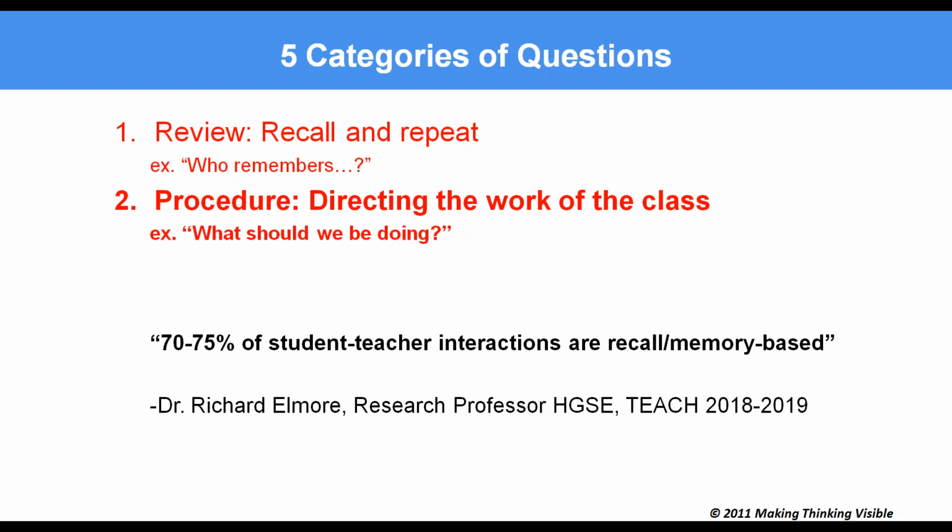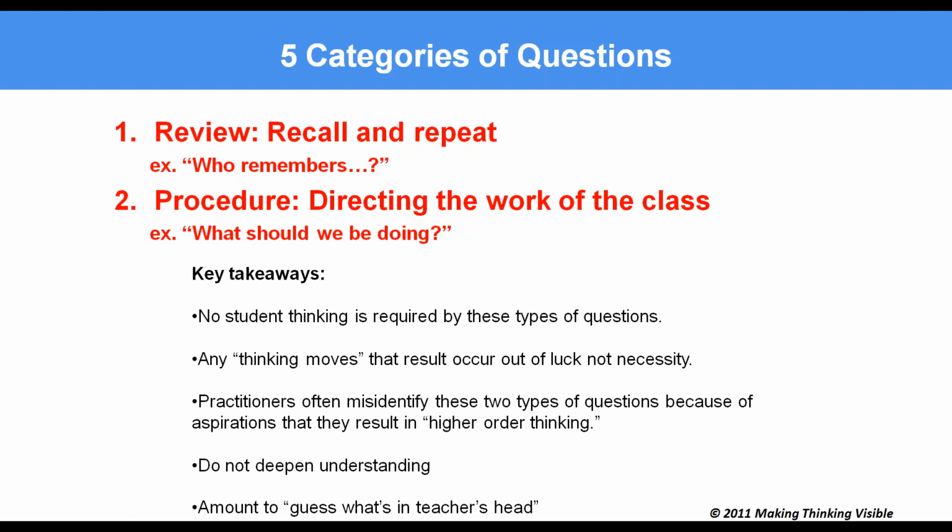I want you to remember that 70 to 75% of student-teacher interactions are recall and memory-based. So these 2 types of questions are what take up 70 to 75% of the classroom. And the key takeaway I want you to take away from this is that no student thinking is required by these types of questions, that any thinking moves that occur here are basically the result of luck, okay?